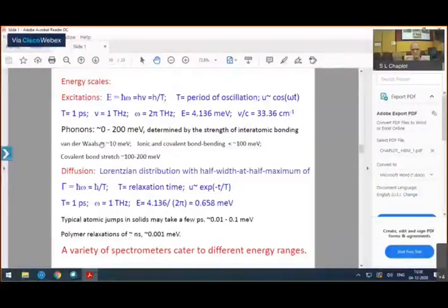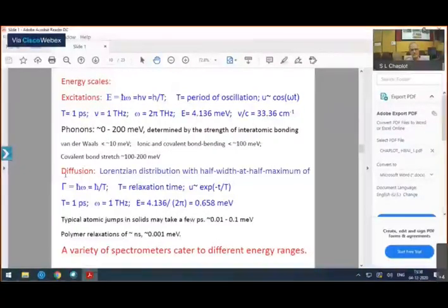The modes which are polarized perpendicular to the graphene plane tend to have these energies. The carbon-carbon stretching modes are in this range, and the other bending modes are in this range, and so on. So these are about phonon excitations. Magnon excitations have similar values, again depending on the strength of the magnetic interactions. So typically they are in the same ballpark.